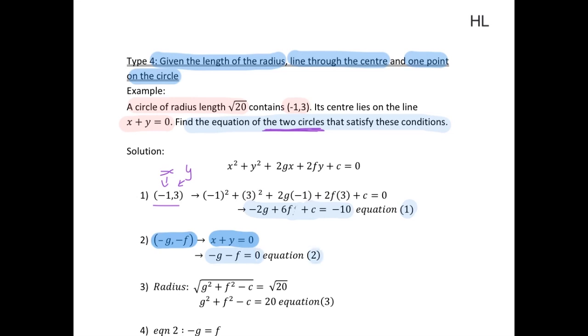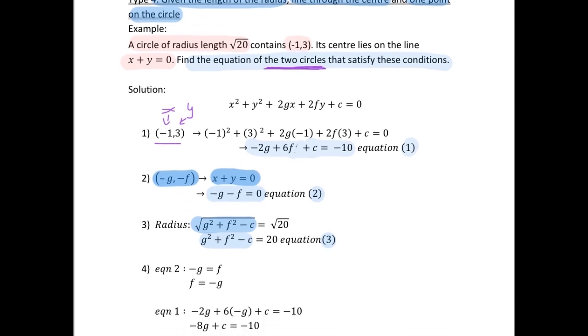We also know the radius formula for circles of this type is square root of g squared plus f squared minus c, and we're told that is equal to square root of 20. Squaring both sides means the square roots disappear, and we're left with g squared plus f squared minus c equals 20, and we'll call that equation 3.